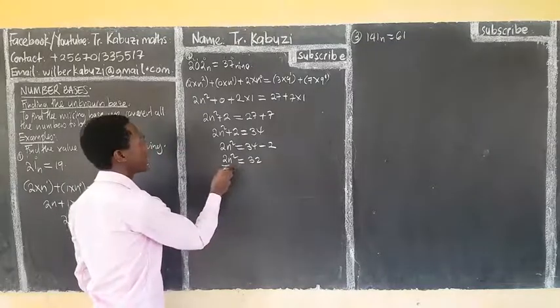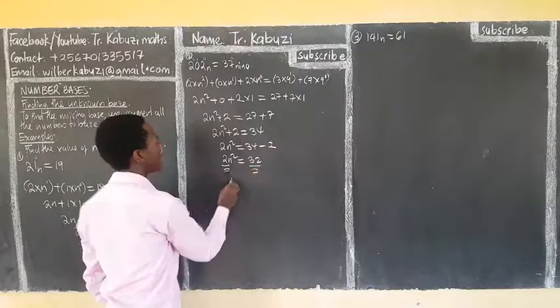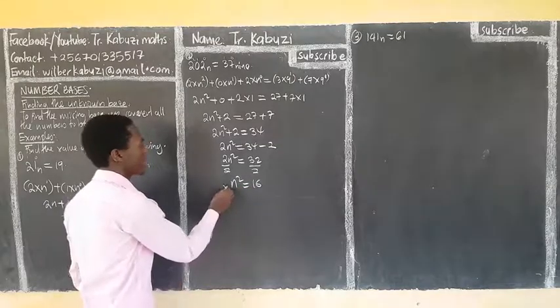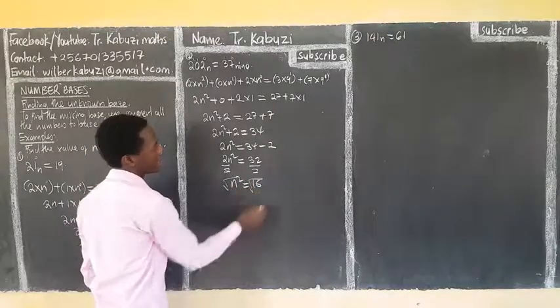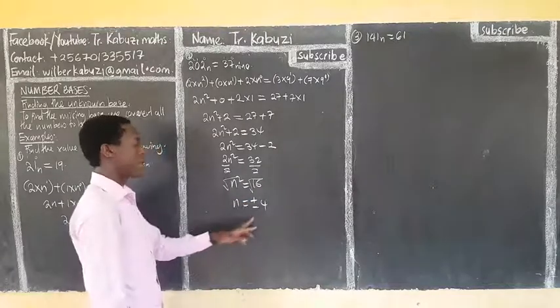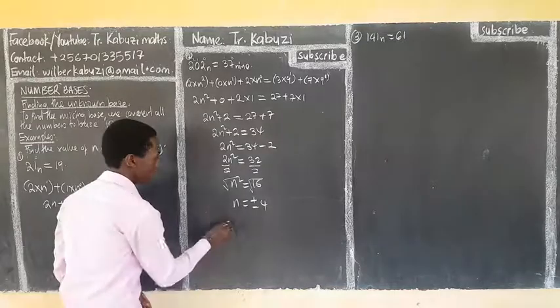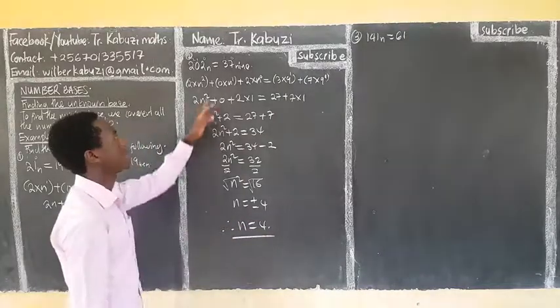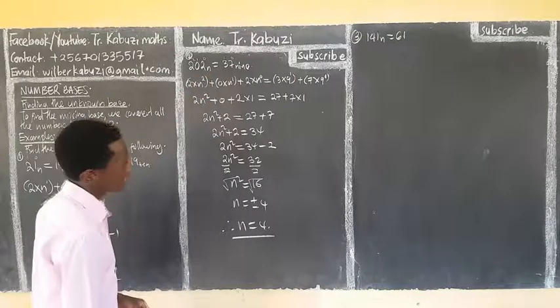Divided by 2 both sides, n squared becomes 16. Then we get the square root both sides, so n is plus or minus 4. But the base can never be negative. Therefore, our n is 4, because we cannot work in negative bases.